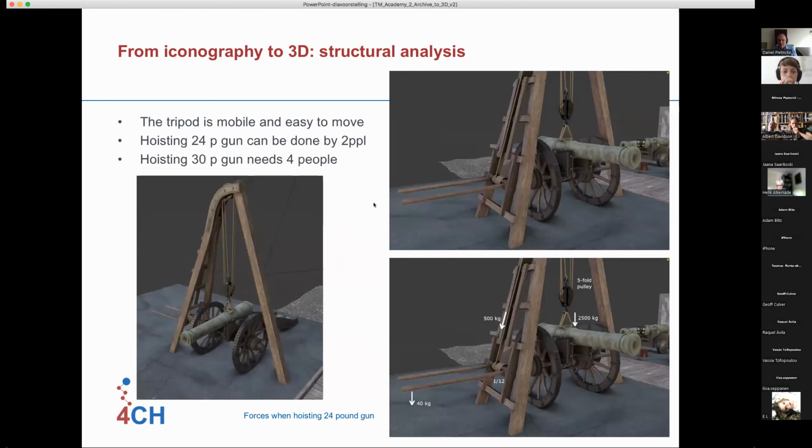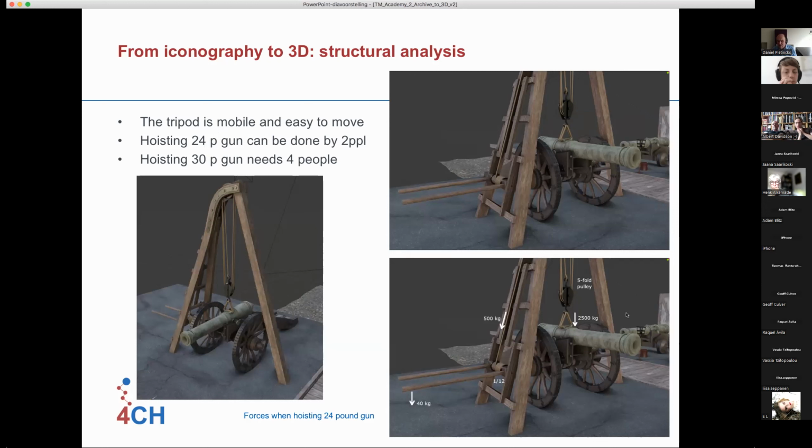So let's have a look at that, right? How does it work? What we have done, this is a typical standard gun of the Dutch army, 24 pounds. 24 pounds is the weight of the bullet, 11 and a half kilograms. And that is depicted here.